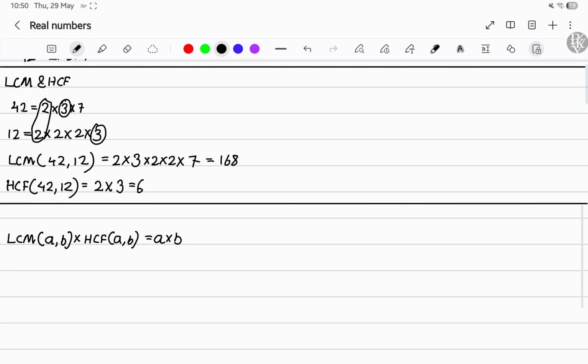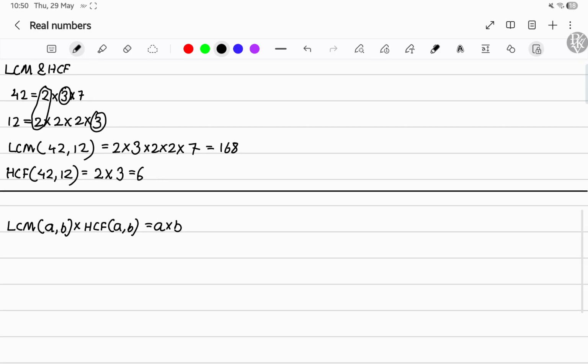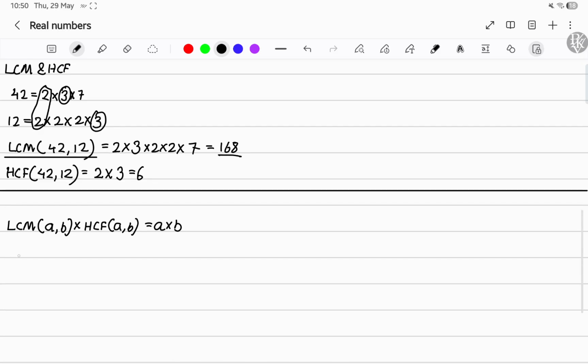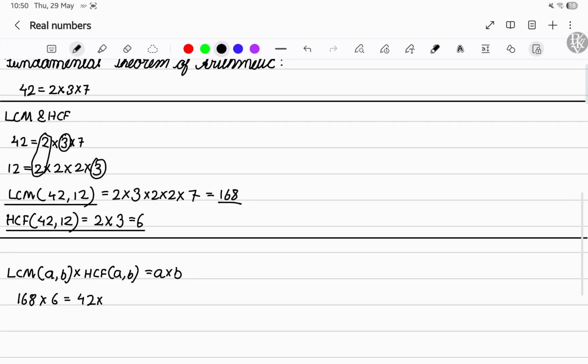So in the above case itself, let's see 42 and 12. We find the LCM as 168. We write 168, multiplied by HCF, which will be 6. So we write 6. Now this will be equal to 42 and, there is one mistake.